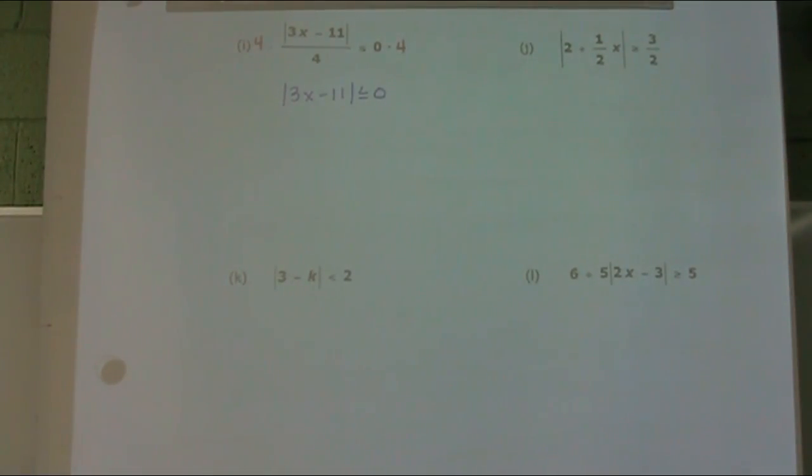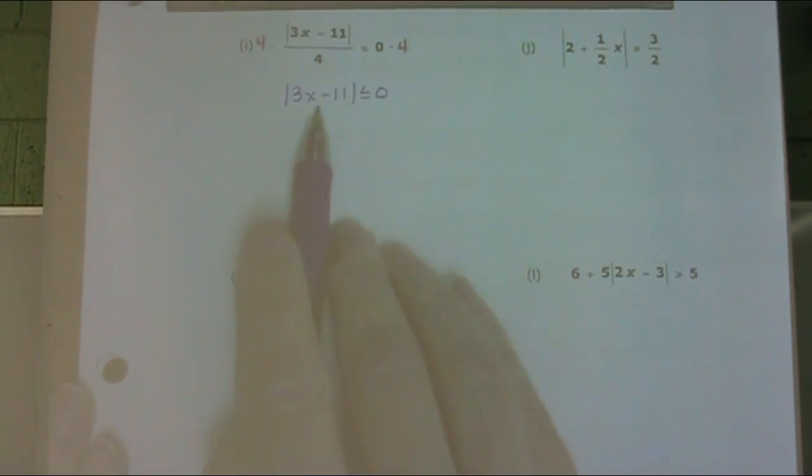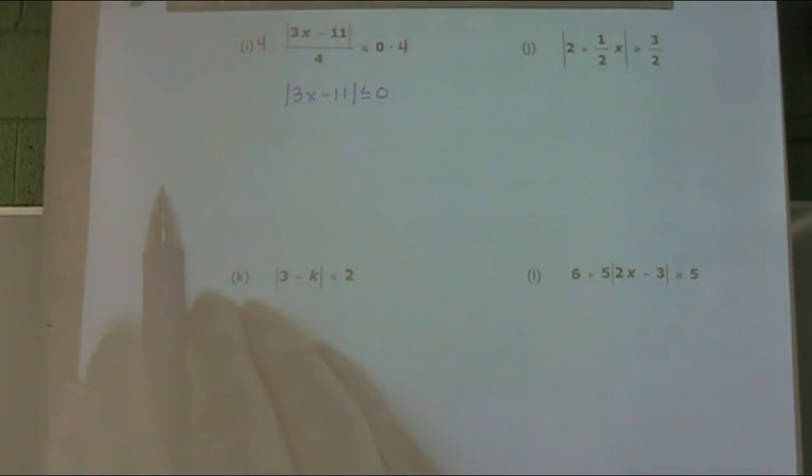Here's the issue. I'm going to look at the possibility of less than. Can absolute value be less than 0? In other words, can it be negative? No. It cannot be negative. So it can't ever be less than 0. Can it be equal to 0? Yes.